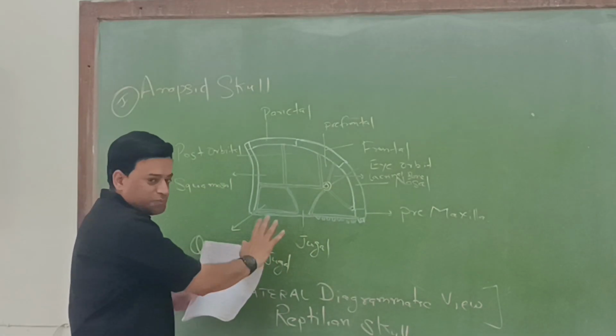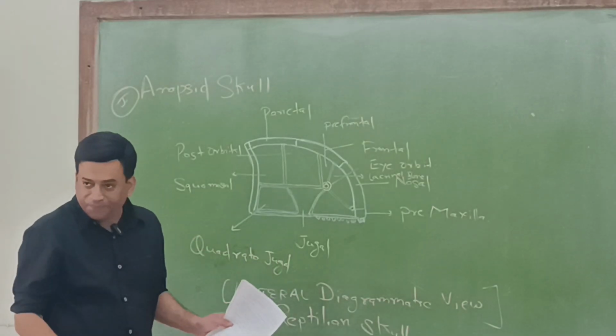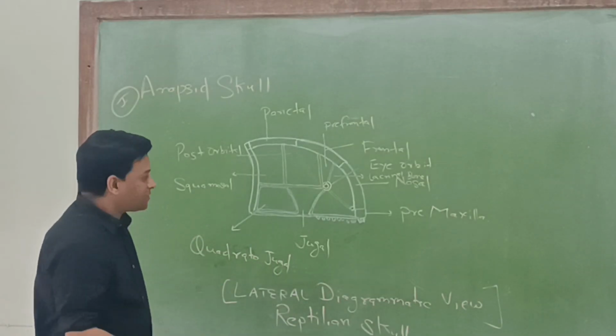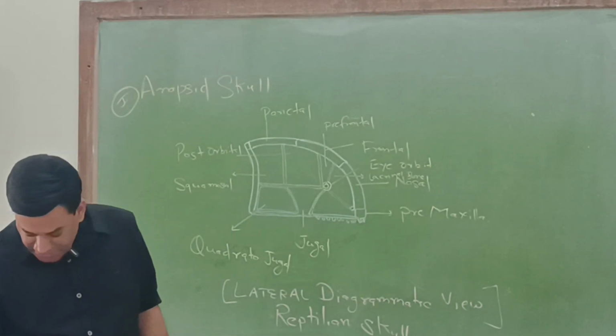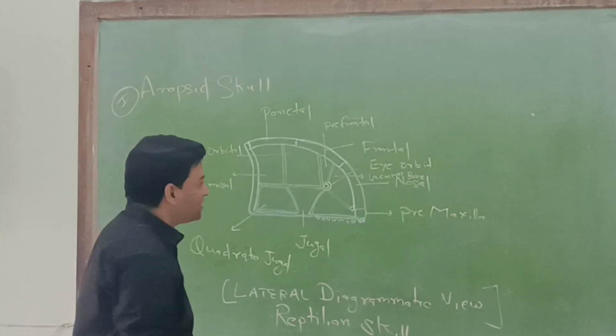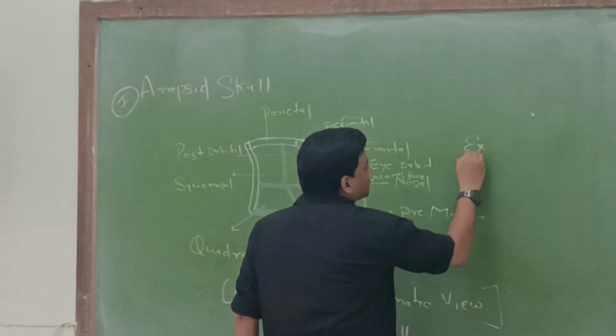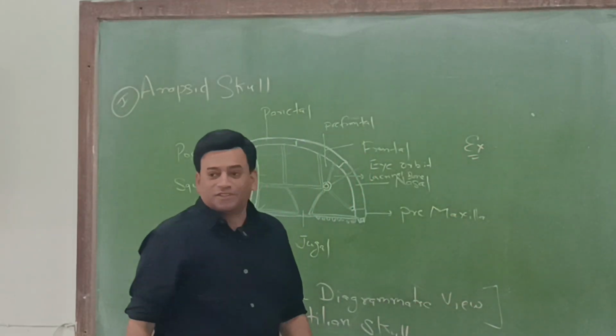There are bones. There is no vacuity, no space. So this is the most primitive condition, and that is present in what? You have to also write the example. The example is Semoria.